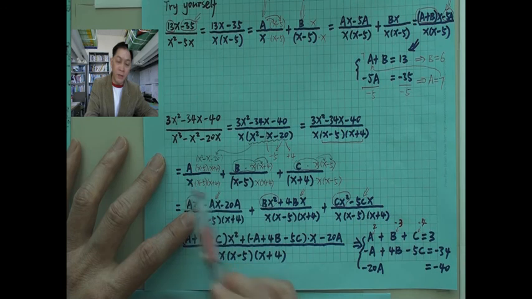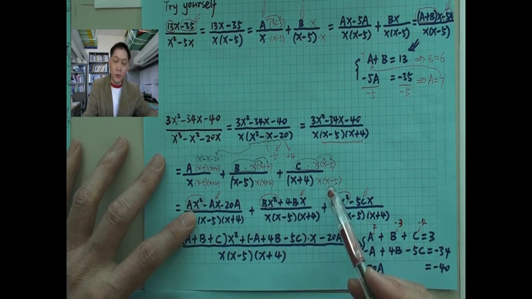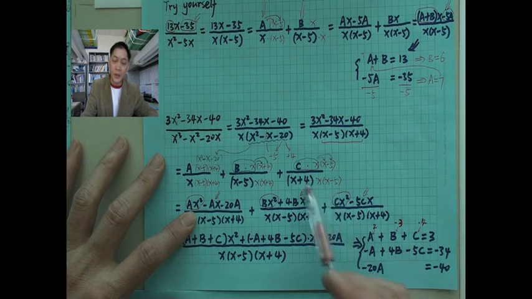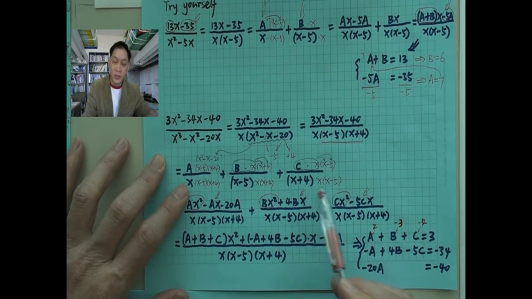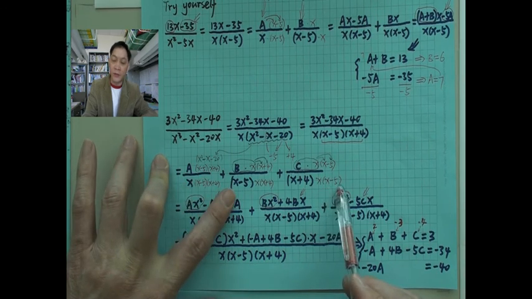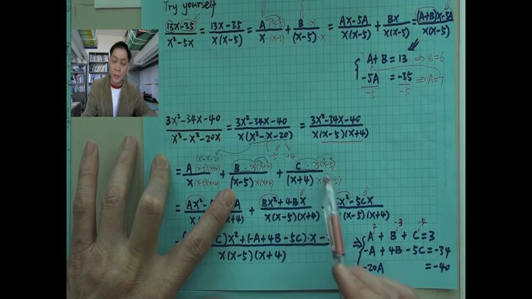So those two will have the same common denominators. Here is the same. It has x plus 4, it needs x and x minus 5. So both numerator and denominator are multiplied by x times x minus 5.